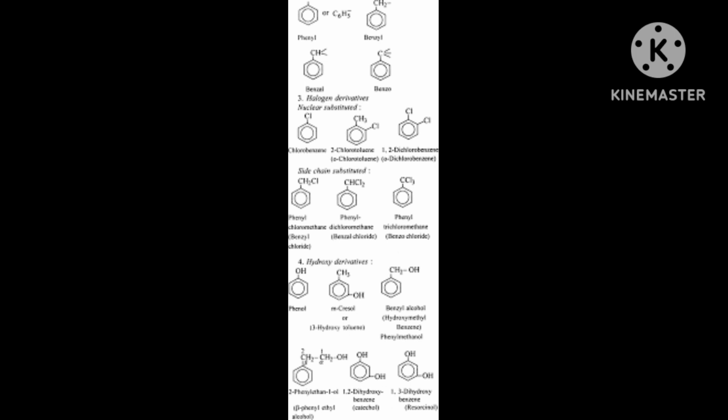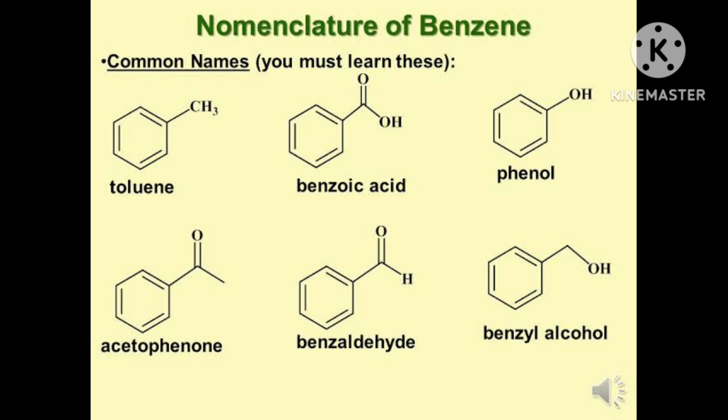1,3-dibromobenzene. Take another example: bromine is at carbon number 1 and carbon number 3. Then numbering should start with the first group, first, second, third. If one bromine is at the first position and the other at the third, it will be 1,3-dibromobenzene.